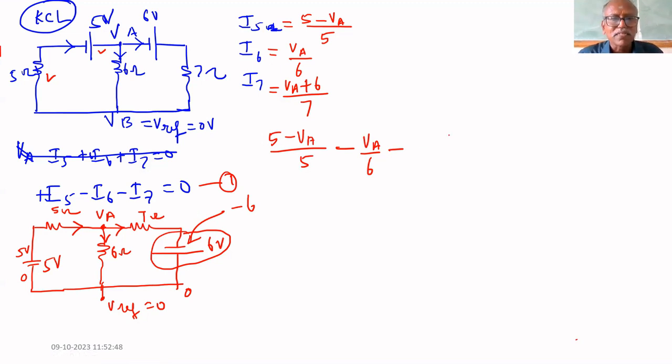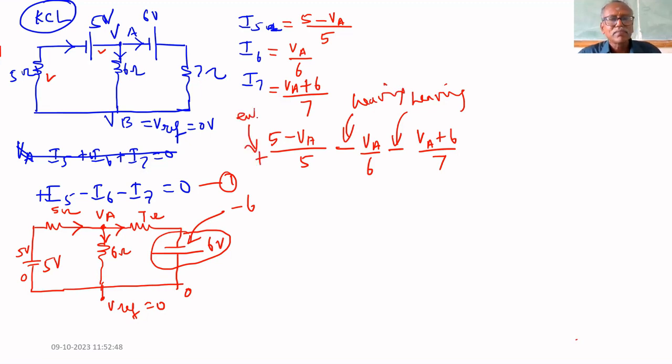In the 7 ohm resistance, that is VA plus 6 divided by 7. This minus sign, current is leaving. Here current is entering, why plus? Current is entering the junction. Equal to 0. Algebraic sum of total current equal to 0.